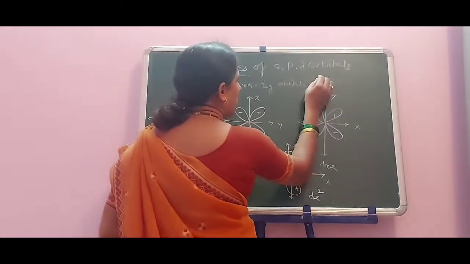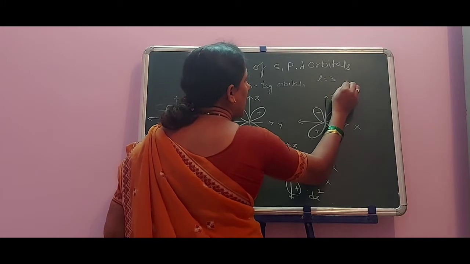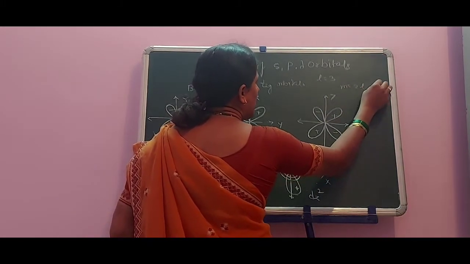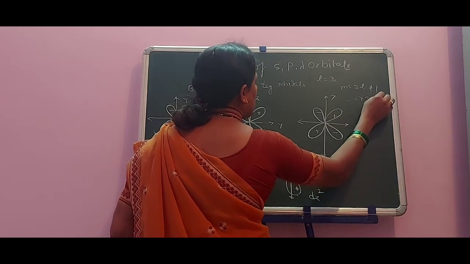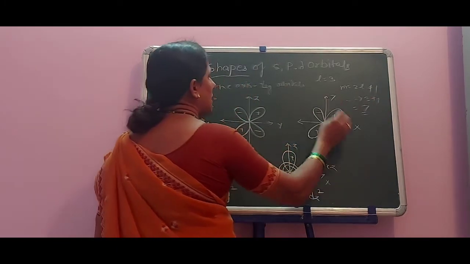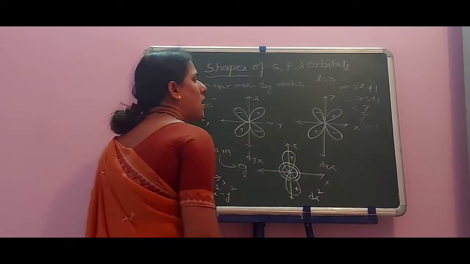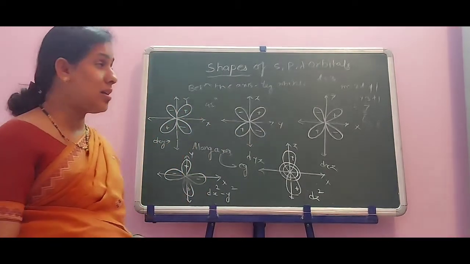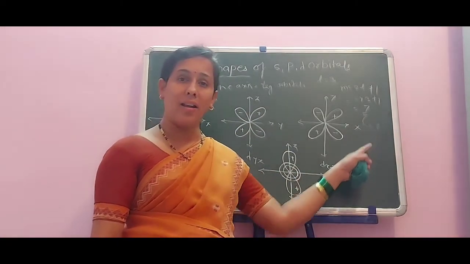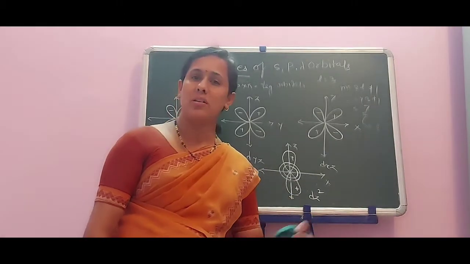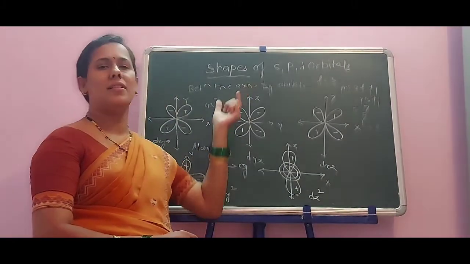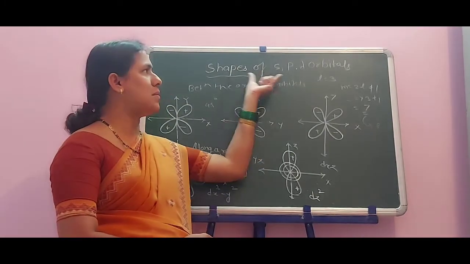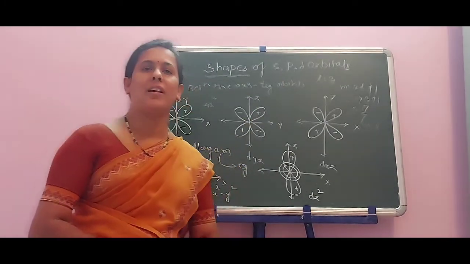When L is equal to 3, M is equal to 2L plus 1, that is 2 into 3 plus 1 is equal to 7. Therefore, for F orbitals there are 7 orbitals according to the spectroscopic study. In this way, we have studied in this lecture the shapes of the S, P and D orbitals.